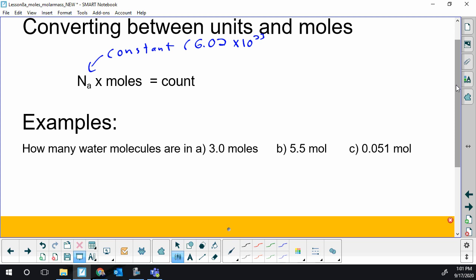They're still the individual units. When I say a water molecule, that would be 1 water molecule. If we had 3 moles of these, that'd be 3 Avogadro's numbers worth. We're going to figure out how much that would be. What if you had 5 moles of something? And then last, what if you had a number less than 1? Less than 1/10 of a mole. How many would that be?